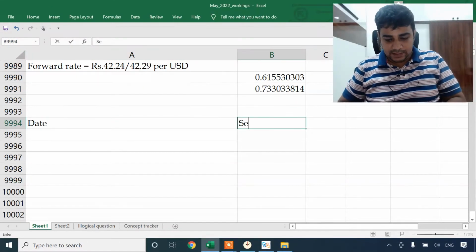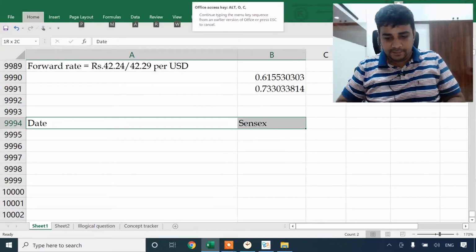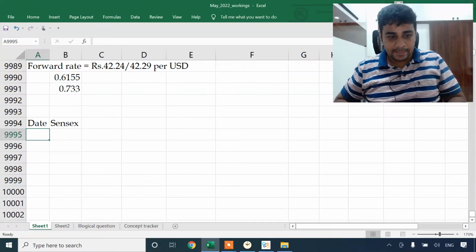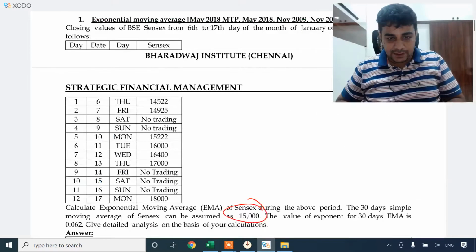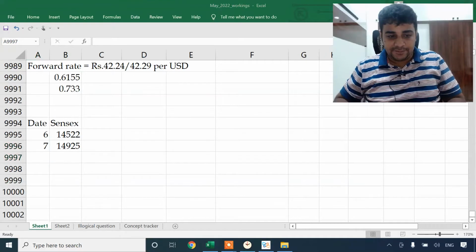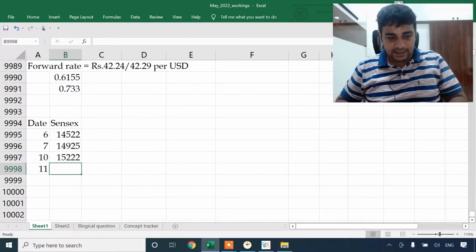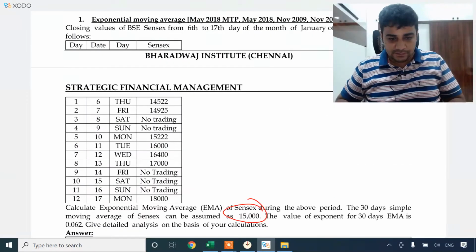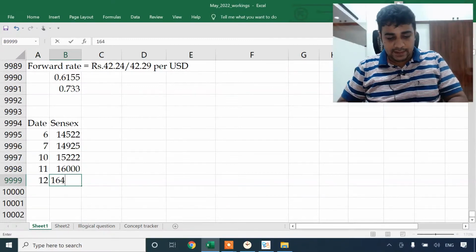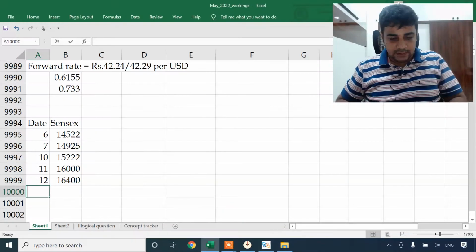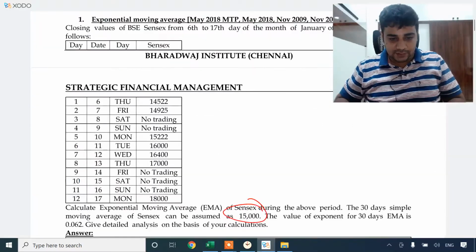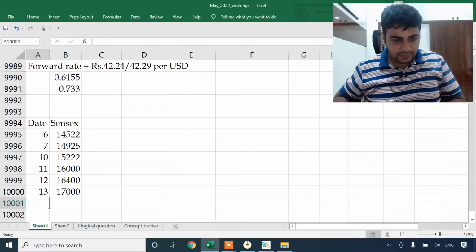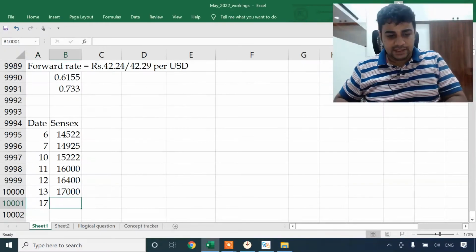Date and Sensex. Our date is 6/7, Sensex is 14,522, 14,925, then 10 is 15,222, 11 is 16,000, 12 is 16,400, 13 is 17,000, and 17 is 18,000.